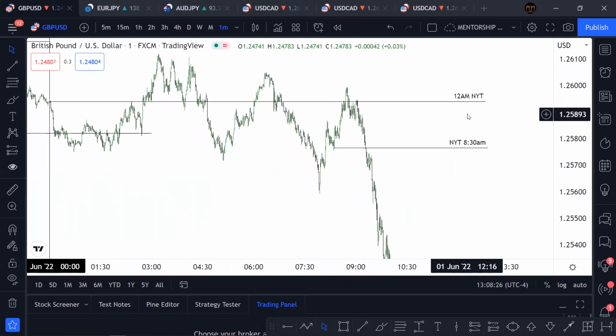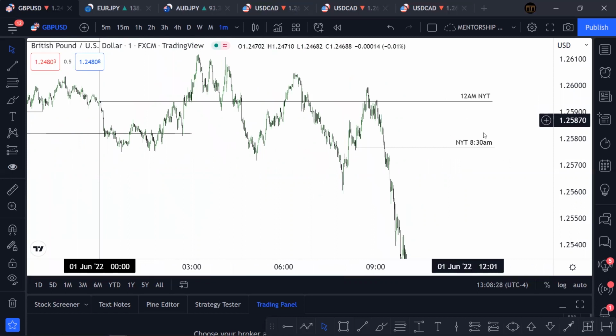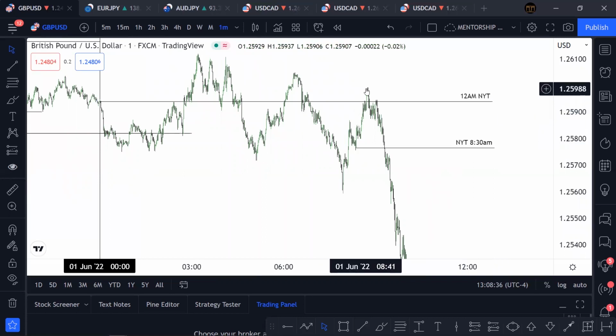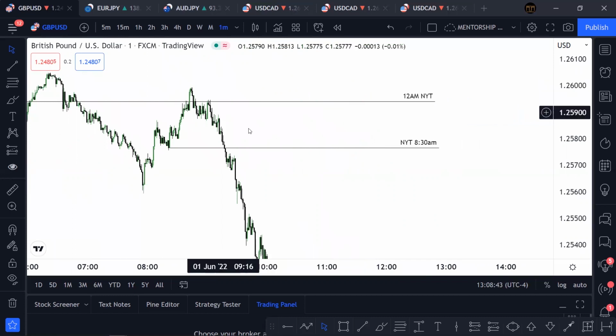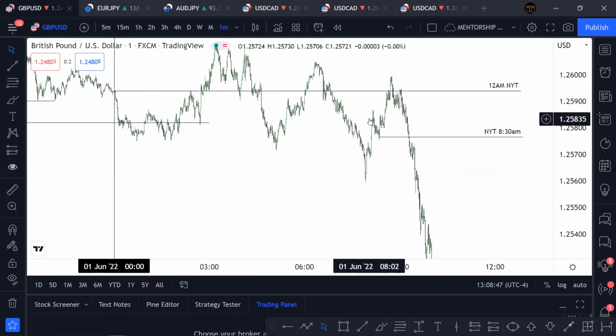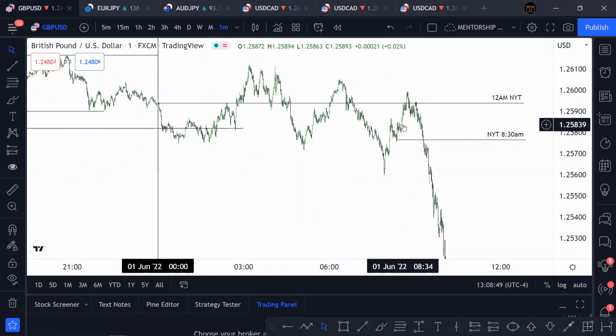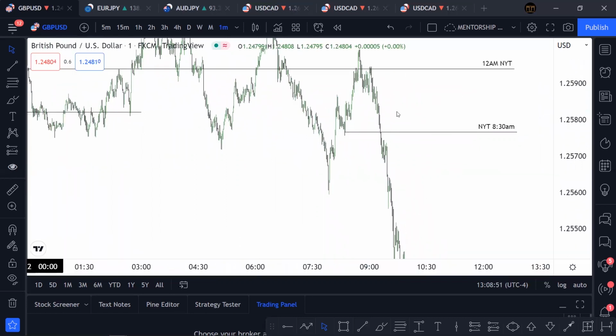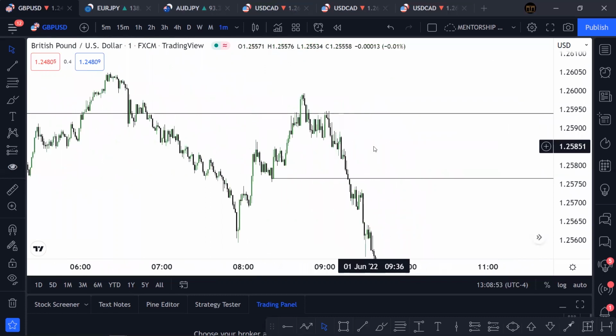This concept is all about using the midnight open price and the 8:30 morning open price. As soon as we run above that, we are selling. As soon as we run below this, we are buying. Do not buy when it is a bearish market and do not sell when it is a bullish market.